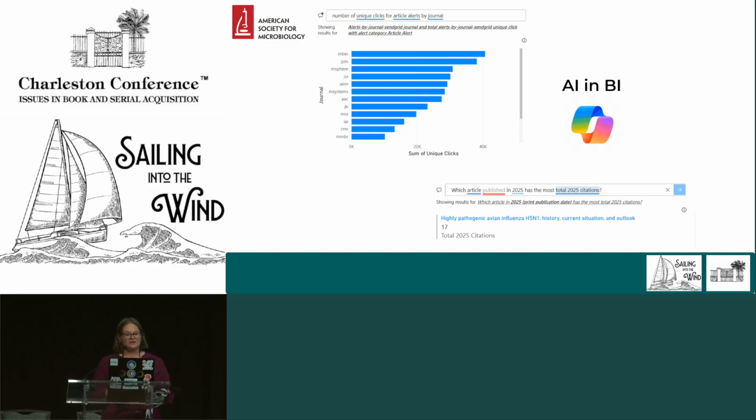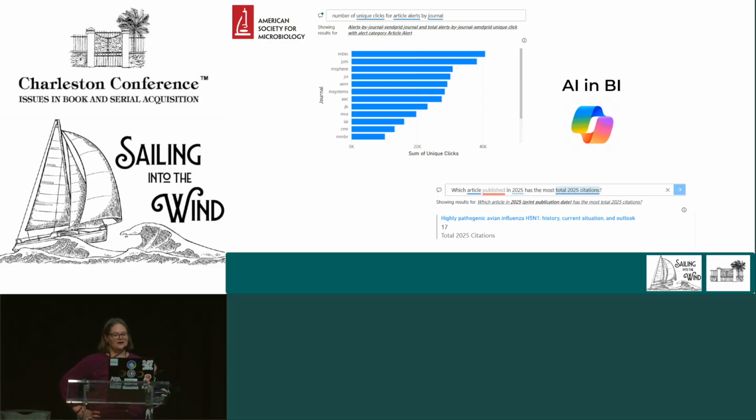So unique clicks, it knows what that is. It knows what I mean by article alerts, so TOC alerts, by journal, so it understands the term journal. And once you ask that question and it understands what you mean, it will give you data right in the AI tool. Another question I asked it was, which journal published this year was the most cited?